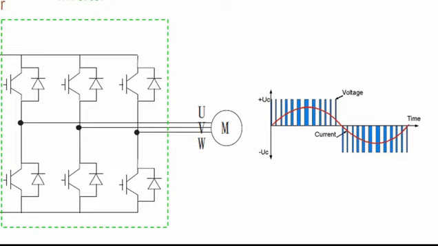And in order for the fundamental frequency, which is this one, to have a somewhat acceptable form or shape, the drive needs to keep a minimum ratio of 1 to 10 between the fundamental frequency and the carrier frequency.